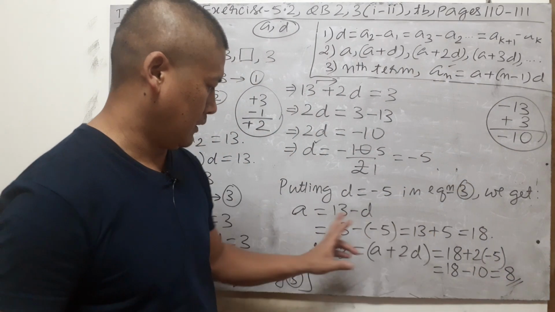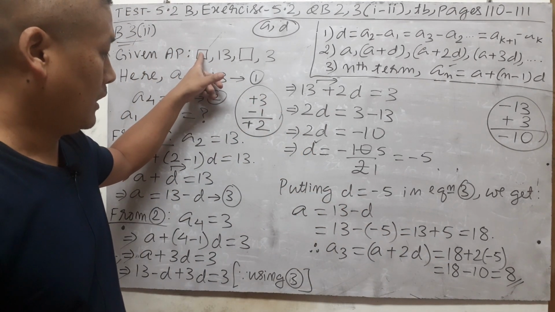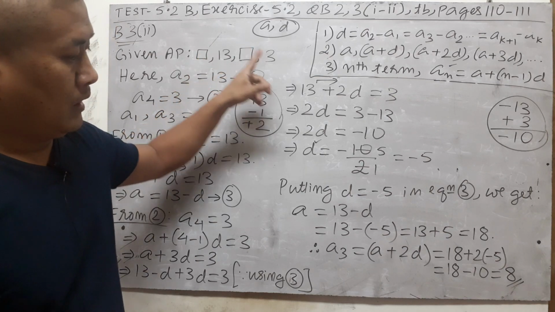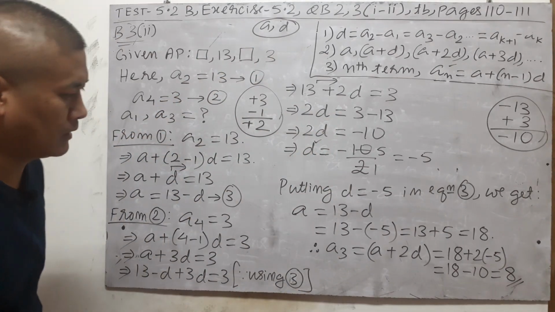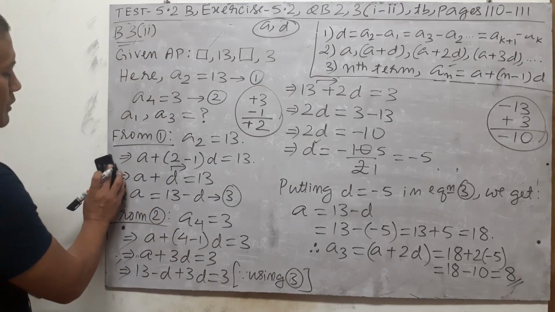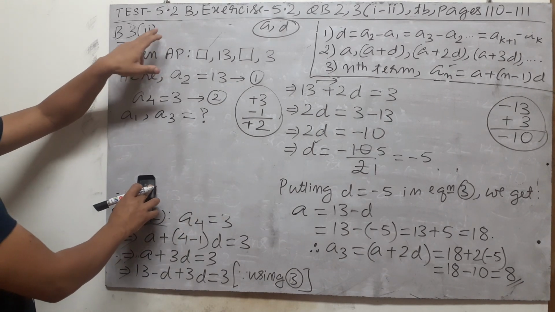So 18 and 8 are the two missing things here. A1, 18, and then here A3, 8, missing terms. Okay, and then this is the primary method we are using. Sometimes people also use this method. I'm showing both methods for the first 3 questions of question number 3.